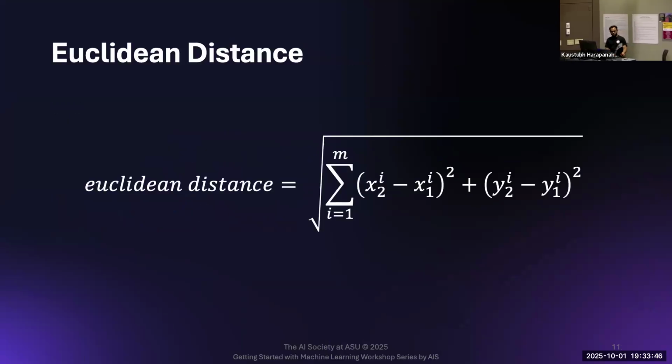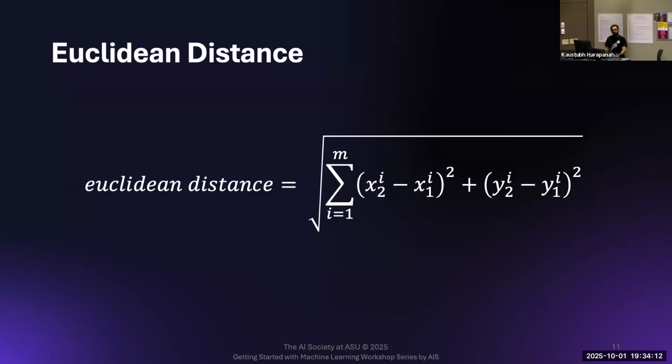So we do x2 minus x1 whole square plus y2 minus y1 the whole square. How many features do we have over here? 2 features. X is one feature, y is another feature, right? But what if we have more than 2 features? We need x, y, z, a, b, c, right? So that is what we are doing over there.